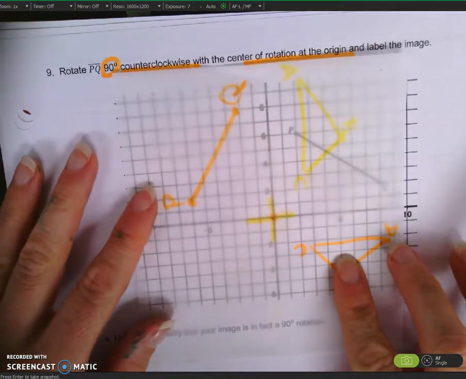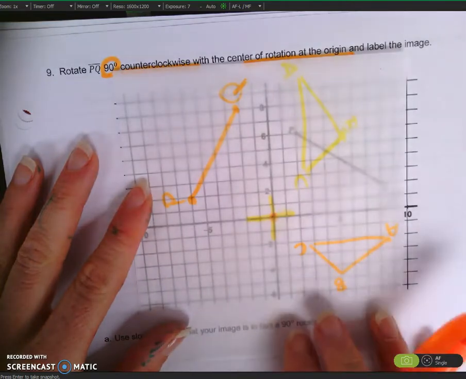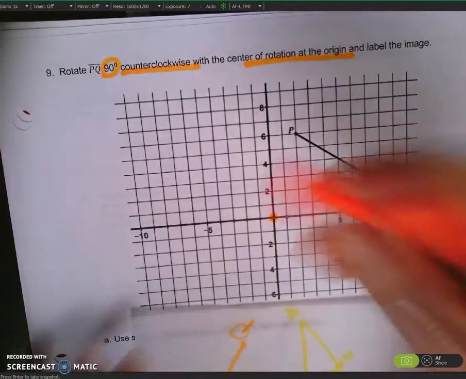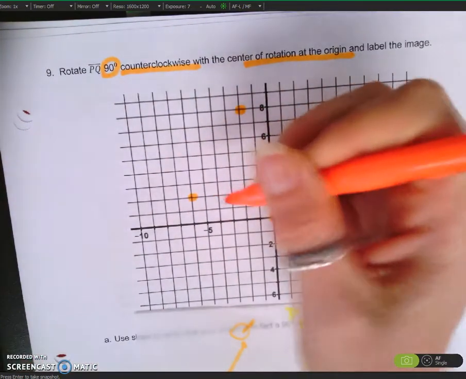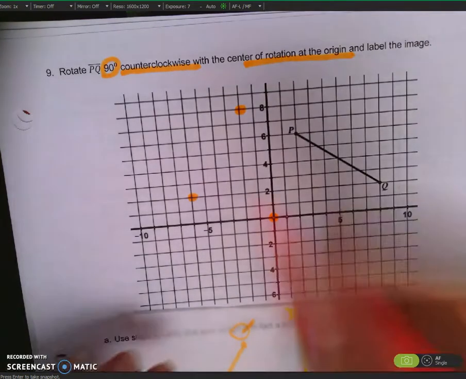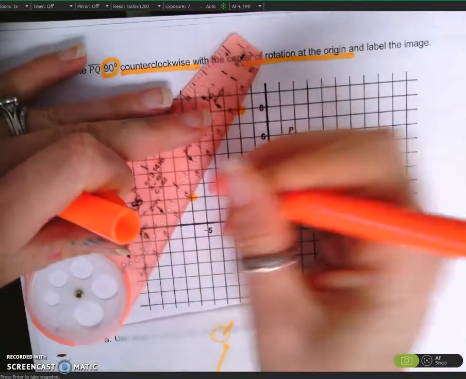When I do that, I end up at -6, 2 and -2, 8. It's important to notice what your new coordinates are, and you can use your compass as a straight edge.